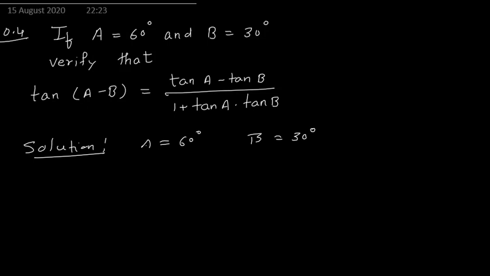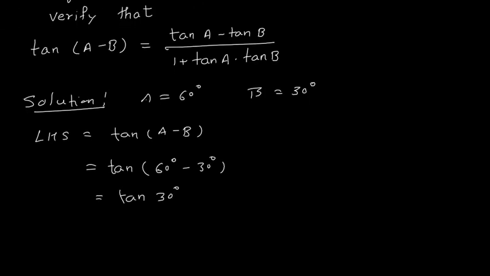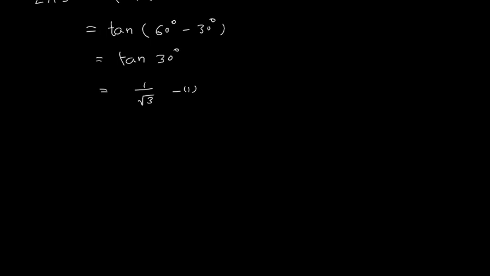Now left hand side is tan of A minus B is equal to tan of 60 degree minus 30 degree. This is equal to tan 30 degree. Now the value of tan 30 degree is equal to 1 upon root 3. This is first equation.